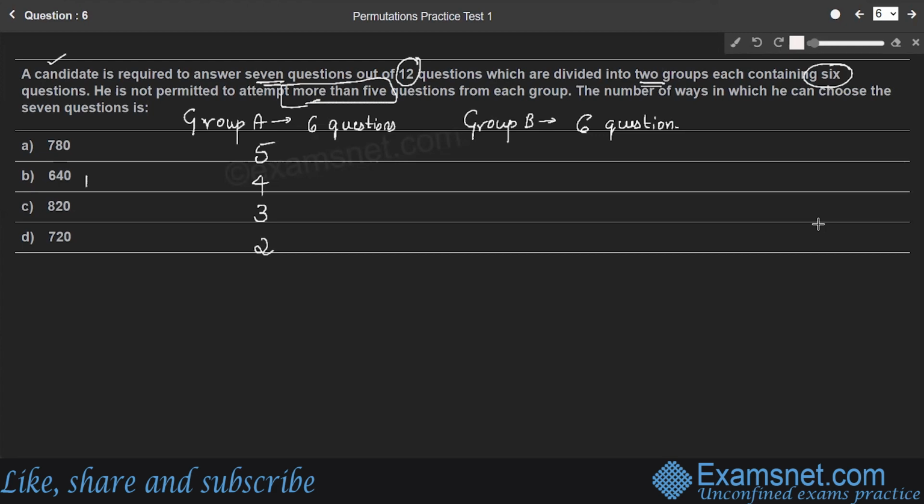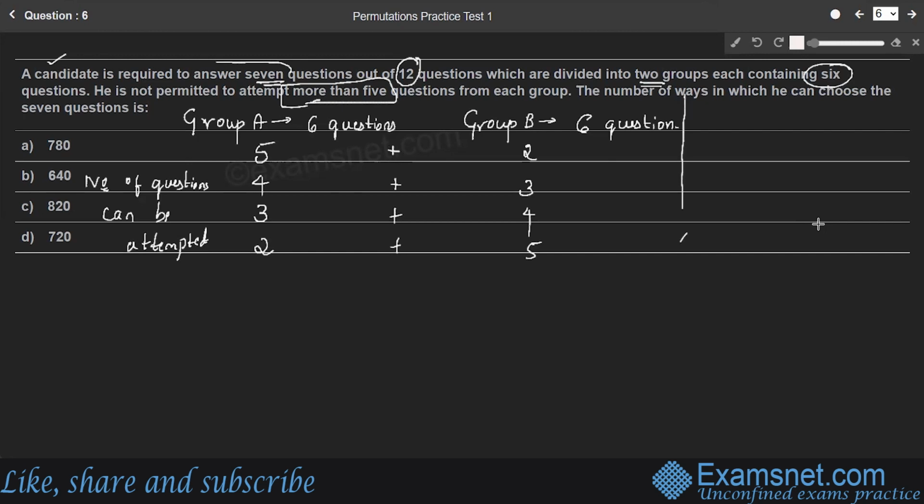So the number of questions attempted are 5, 4, 3 or 2 from group A, so that in group B the questions attempted will be 2, 3, 4 and 5, so that the total questions attempted will be 7. In each case, the total questions attempted will be 7. It is given that the candidate has to answer 7 questions out of 12 questions.